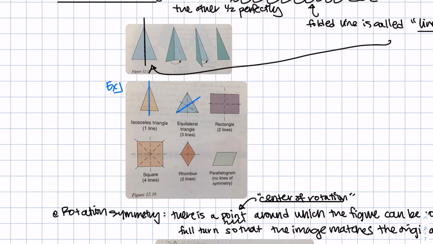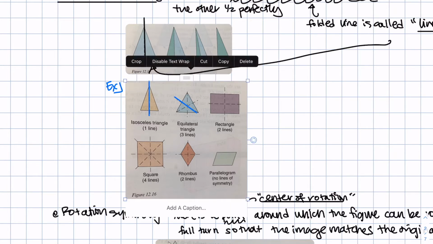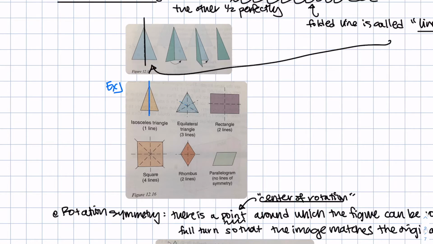Because all of the sides are the same length, all of the angles are the same, so it's no surprise that I can flip over, bisect any one of these angles, and I have an axis or a line of symmetry. I can just fold it in half and I get the exact same shape. So there are 3 separate lines of symmetry on the equilateral triangle.